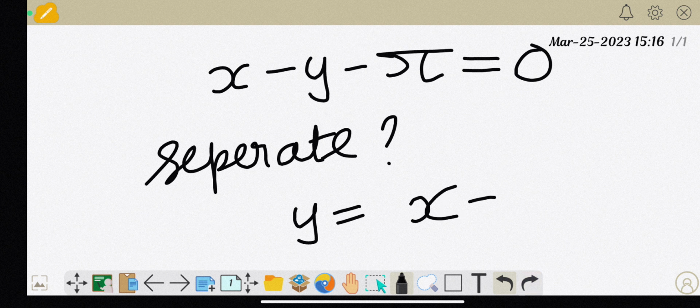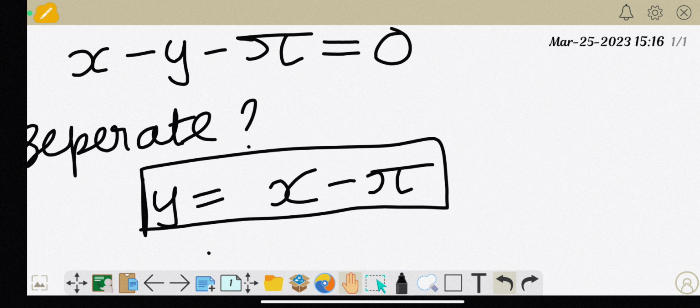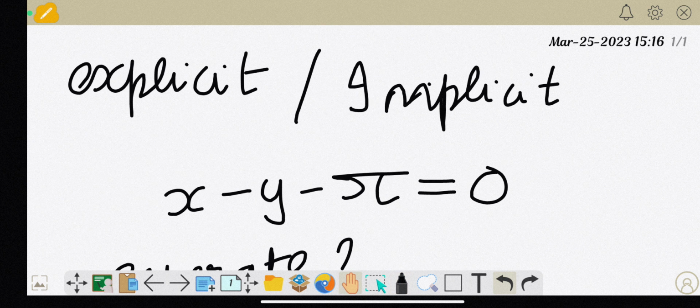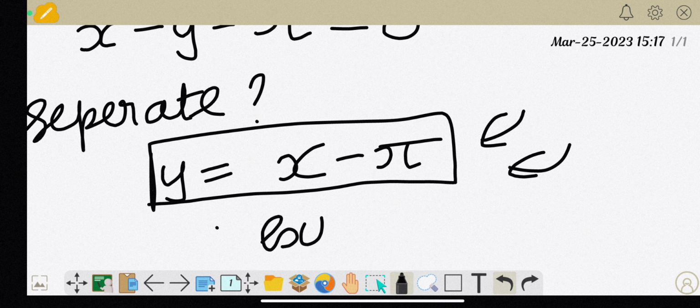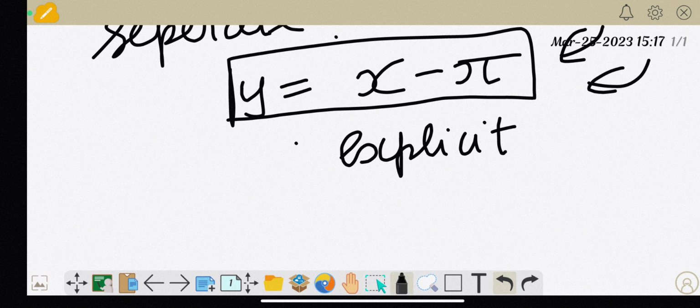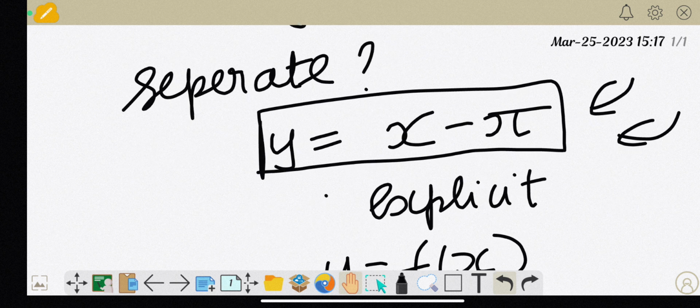These kind of functions which you can separate easily are called explicit functions. You can represent them in the form y is equal to f of x.